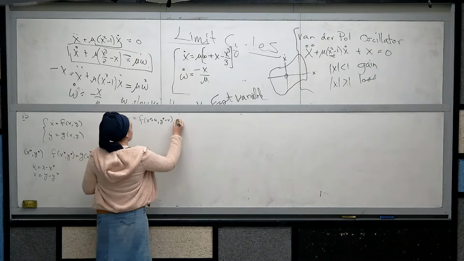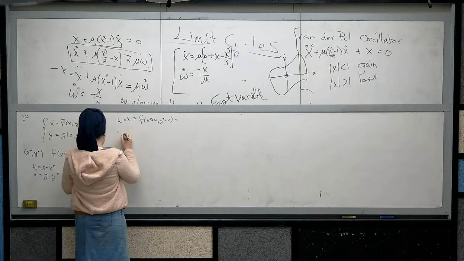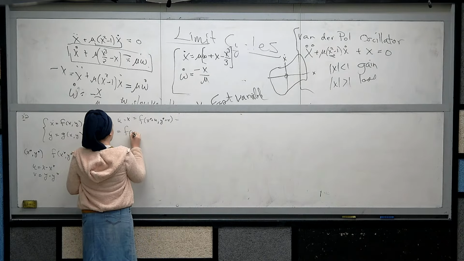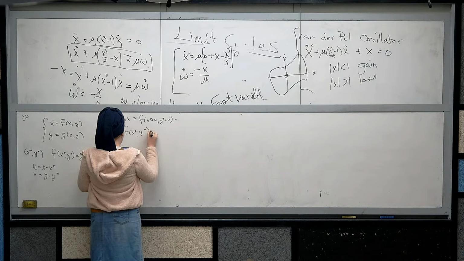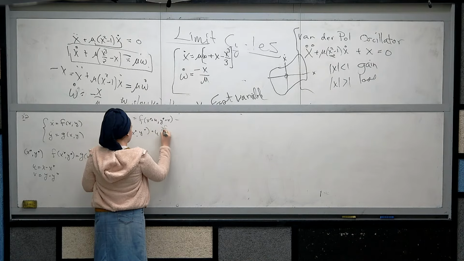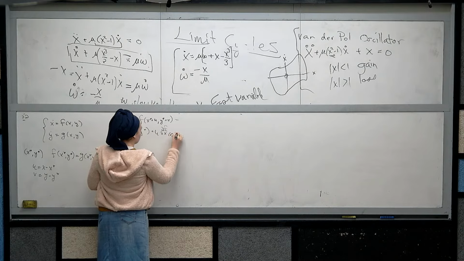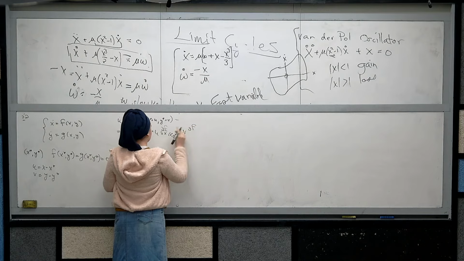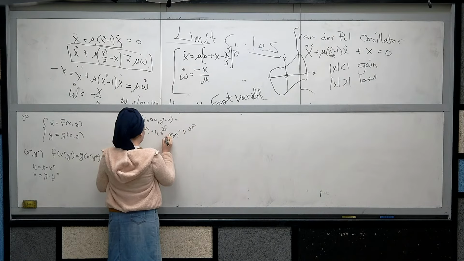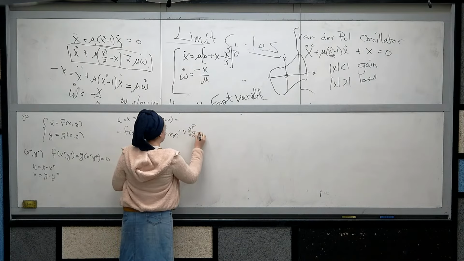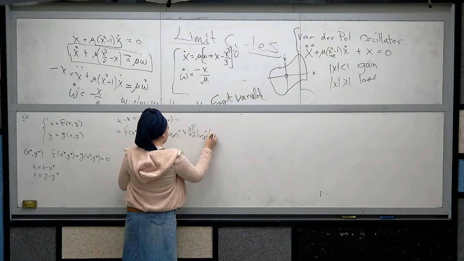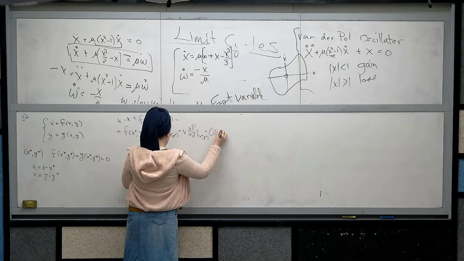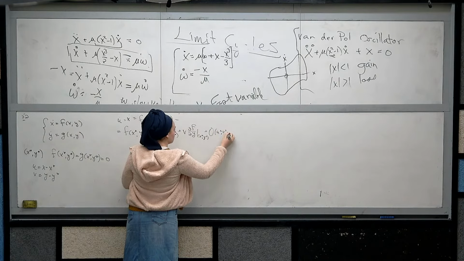Let's do Taylor, and we get f at the fixed point plus u the f the x at the fixed point, plus v the f the y at the fixed point, plus some higher order terms.